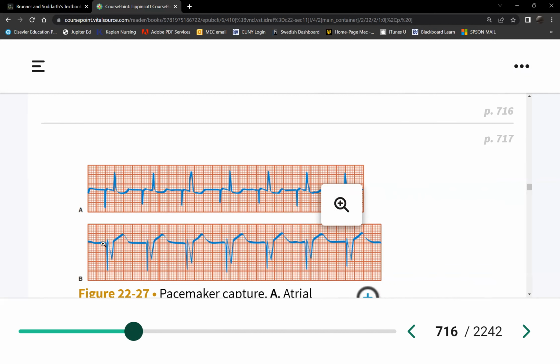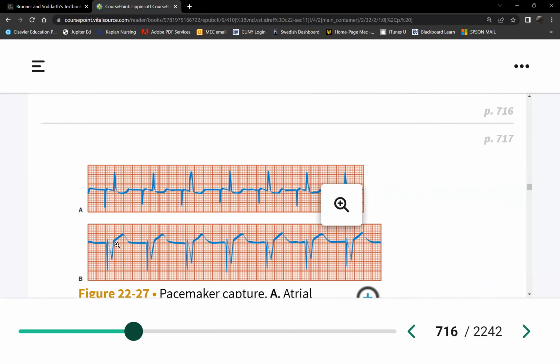Okay, so it's either in place of a P wave, or in some cases instead of the atria being paced, it's now the ventricles, because it can also be biphasic, meaning both the atria and the ventricles are paced. If it's a ventricular pacemaker, then there will be no QRSs.